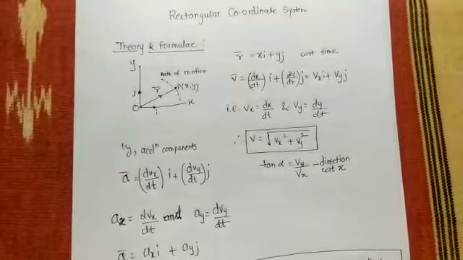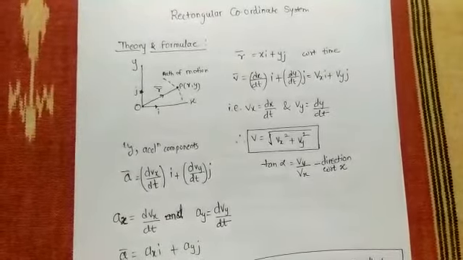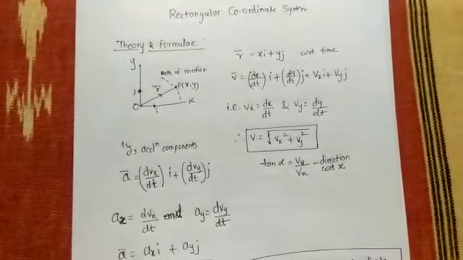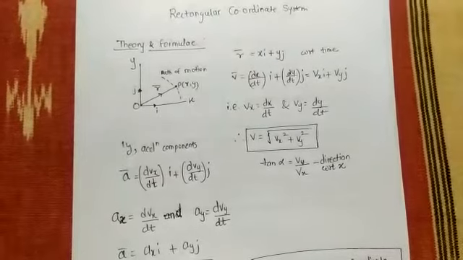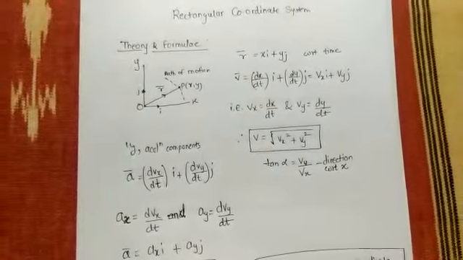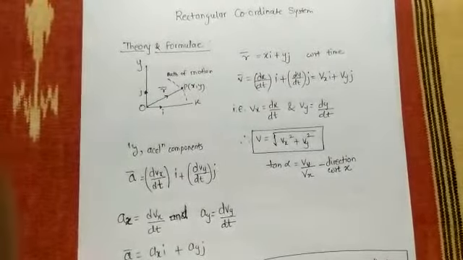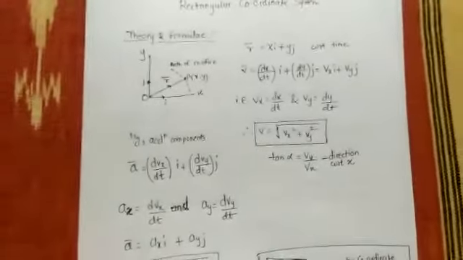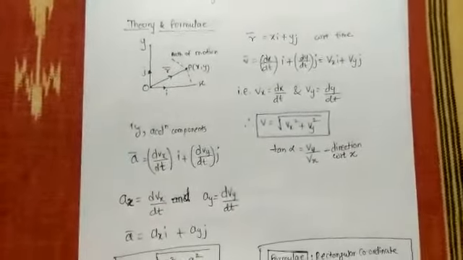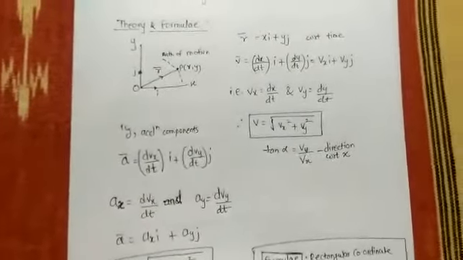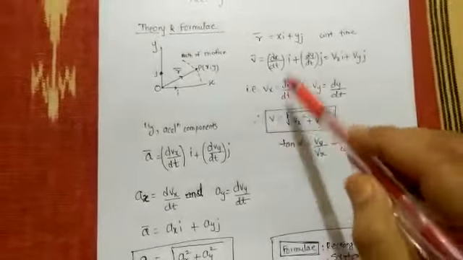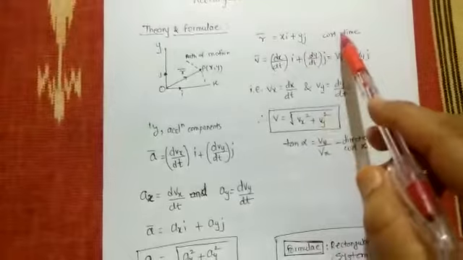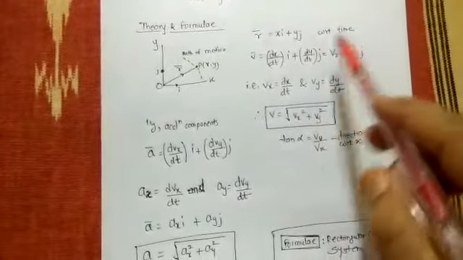First we will see rectangular coordinate system. It's a theory and formula we will see. Suppose a particle, let's say P, is traveling along a curved path, then its position vector is denoted by r bar equal to xi plus yj with respect to time.